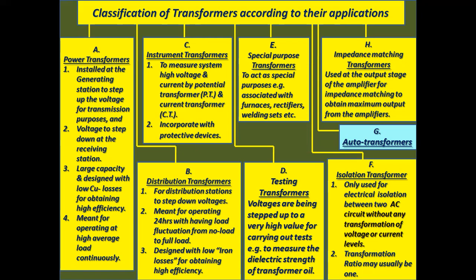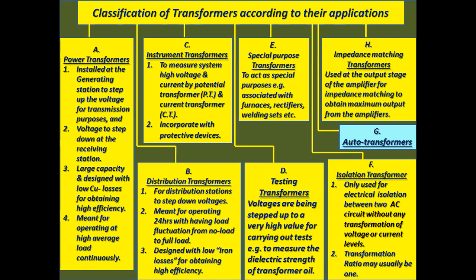Power transformers are mainly installed at the generating station to step up the voltage for transmission purposes, and to step down the voltage at the receiving station. They are of large capacity and designed with low copper losses for obtaining high efficiency, meant for operating at high average load continuously.